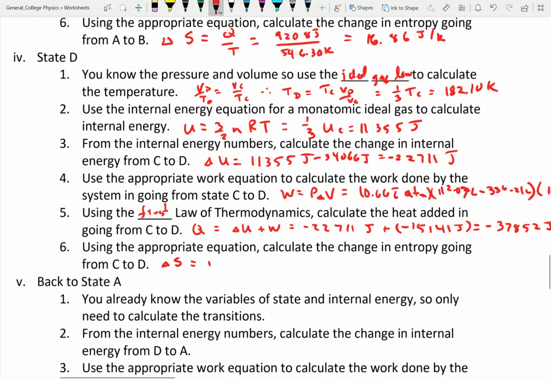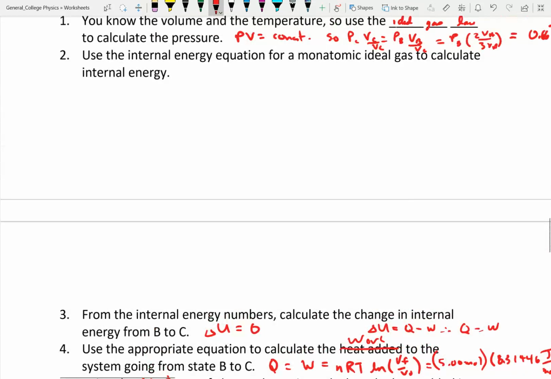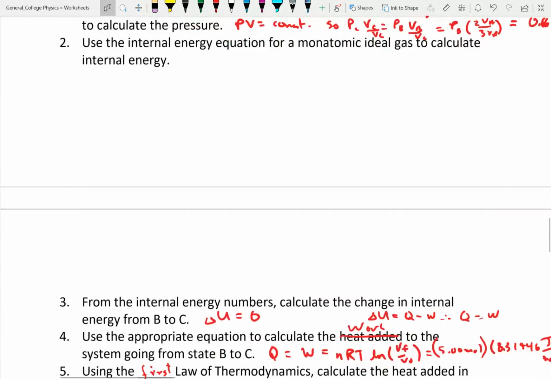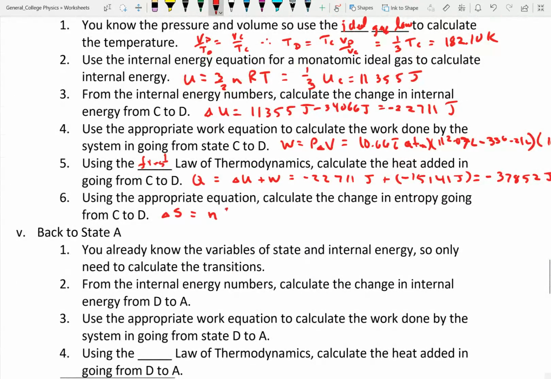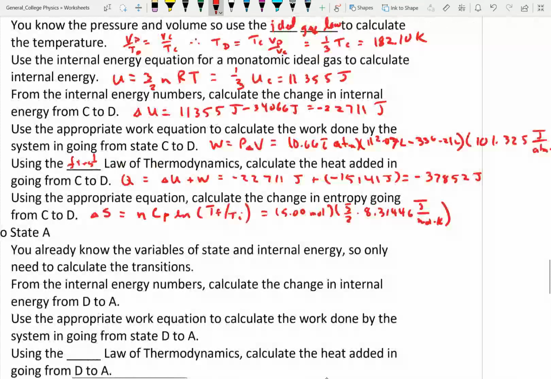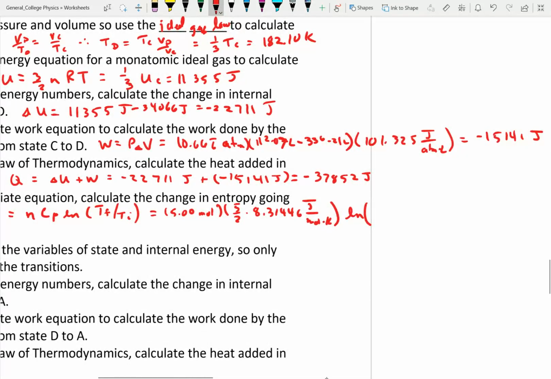Delta S is equal to n, we just did this, nCp natural log temperature final over temperature initial. And so that's going to be 5.00 moles times 5 halves times 8.31446 joules per mole times Kelvin times the natural log of, and from our work above, temperature final over temperature initial is 1/3.